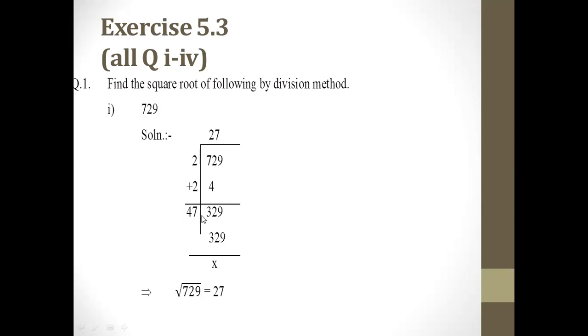Then 43 multiplied by 3, again less. 44 multiplied by 4, again less. So 47 multiplied by 7, you get 329. So 27 is the square root of the number. This is the division method to find the square root of a number.